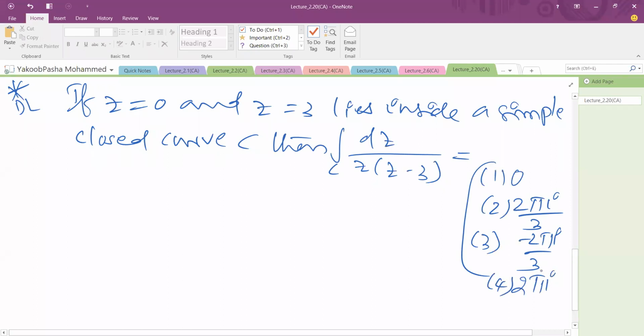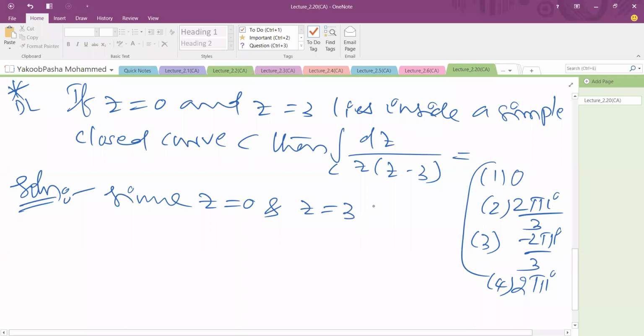We just have to calculate; there is no need to find the singularities. We are given the singularities, and they are inside the simple closed curve. So we have to find the residue at z equal to 0 and z equal to 3. Clearly we can observe that z equal to 0 and z equal to 3 are simple poles.